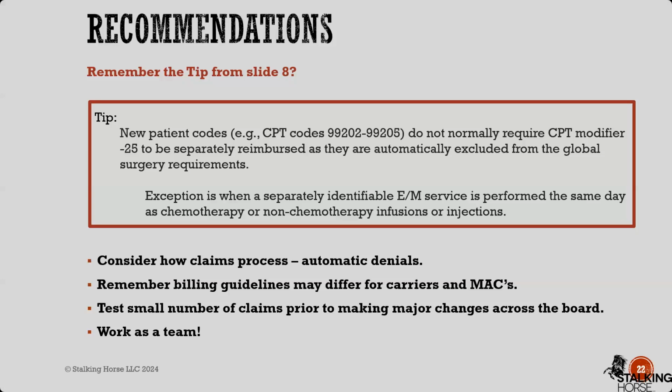And then also consider how claims process. Why I bring that up is sometimes we get the wrong idea, right? When you perform a service and then you bill it out, all the insurance company gets at first is an electronic claim. Their systems electronically receive that data, and they are actually set up to do a scrubbing on their end that can sometimes automatically deny something without an actual person looking at it.